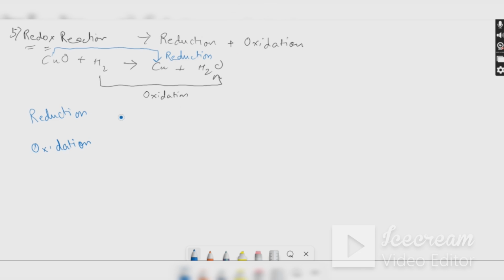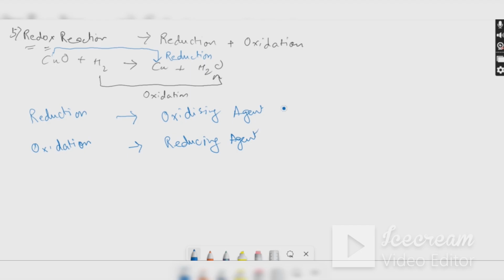So wherever reduction is taking place, you should know it is the oxidizing agent. And where oxidation is taking place, that is a reducing agent.